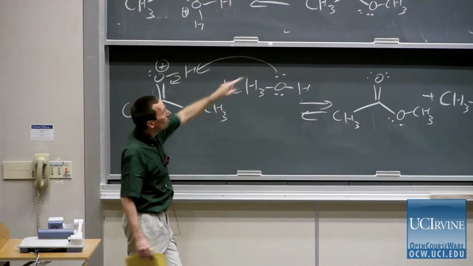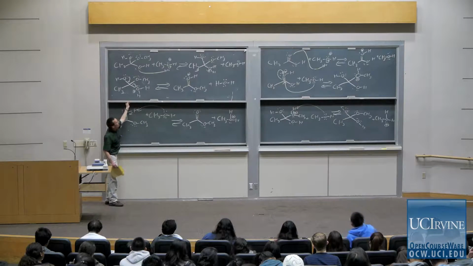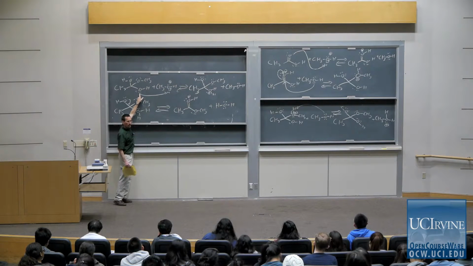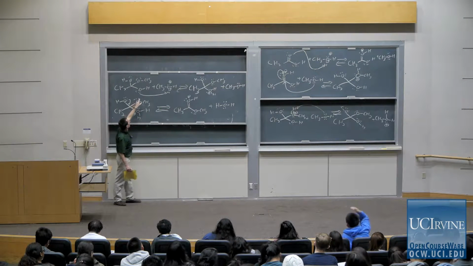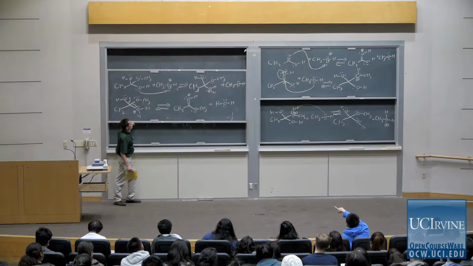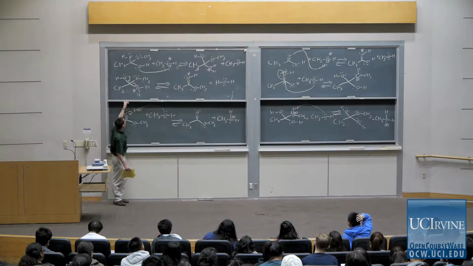Here. No, sorry. Yeah, on top. So your question is, why does it protonate this oxygen? Why is the CO double bond oxygen protonated? Sorry, it's on the bottom right. Here? Yeah. Why is this protonated?